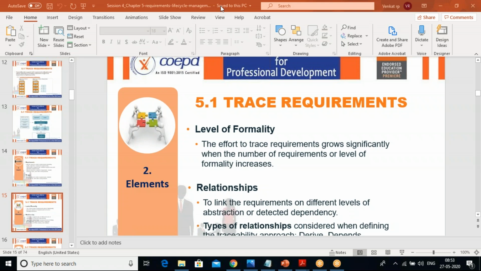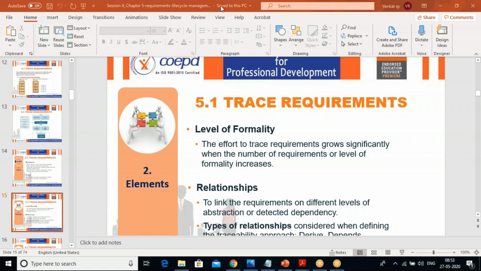And next we look into the level of formality. When you are tracing the requirements, the business analyst considers the value each link is supposed to deliver, as well as the nature and use of the specific relationship that has been created.